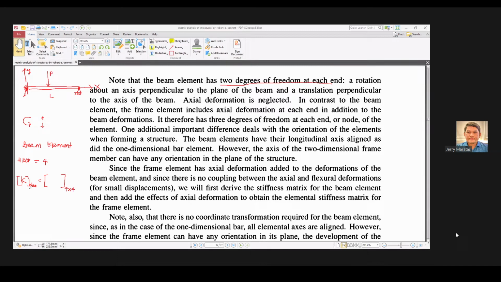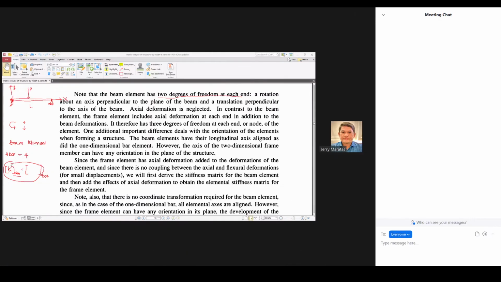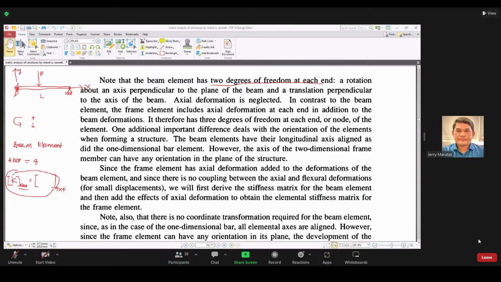Okay, so per element. Remember, mao ni ang atong dagdagon, no? Kada element ka, after that, you have to combine. After you combine, you have to reduce. You solve the displacements, you solve the reactions. After that, you determine the member forces. Basically, that's always the procedure when you perform matrix structural analysis.